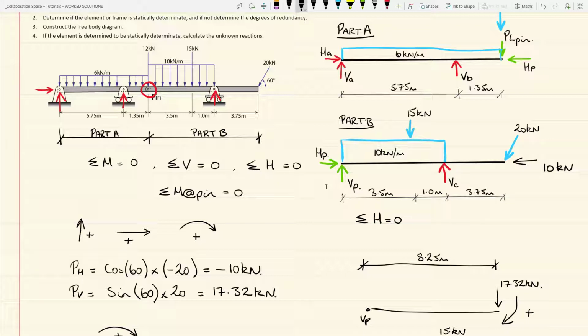To maintain static equilibrium of part B, HP to the left-hand end of part B, that has to equal positive 10 kilonewtons. That is then applied to the end of part A as minus 10 kilonewtons. And again, for static equilibrium, HA must equal 10 kilonewtons.